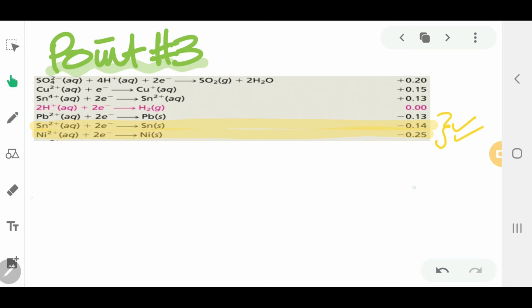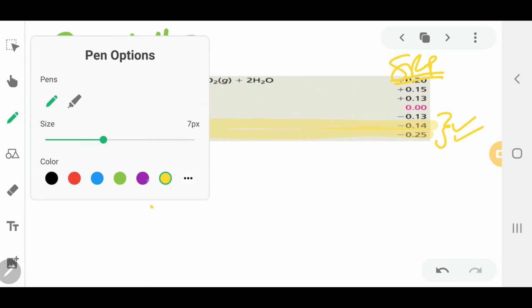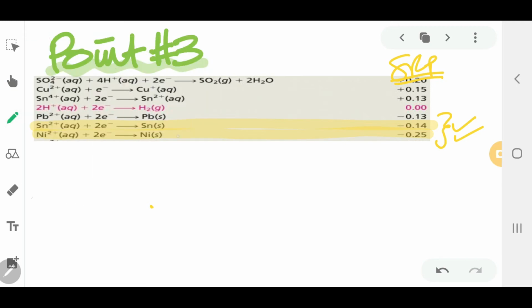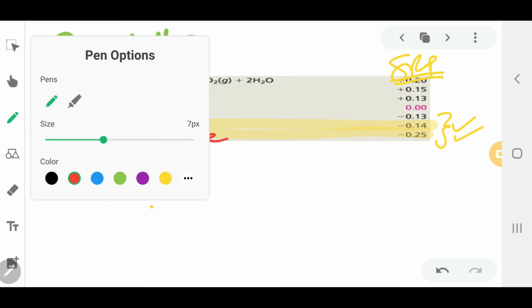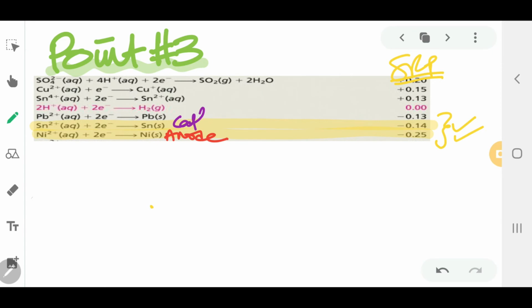You have to look at the SRP value. Remember, these are all the SRP values. Look at the SRP value. Between the two of them, which one is more negative? The one that is more negative will be nickel. So we can say that this one will be the anode, and this is going to be the cathode.